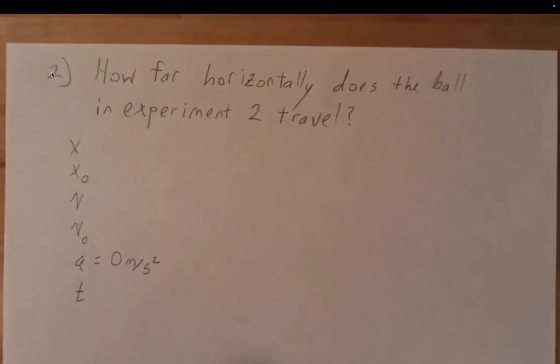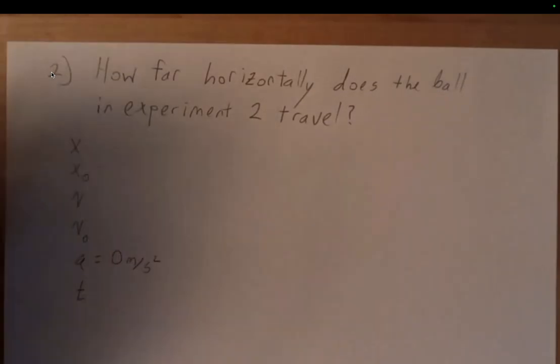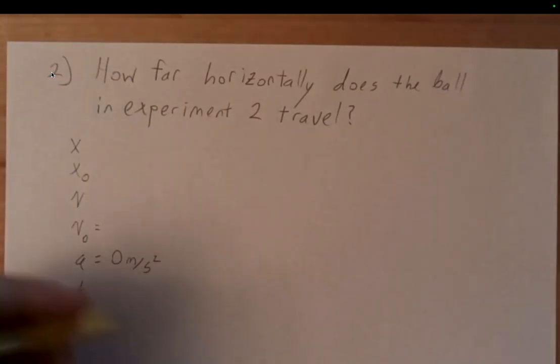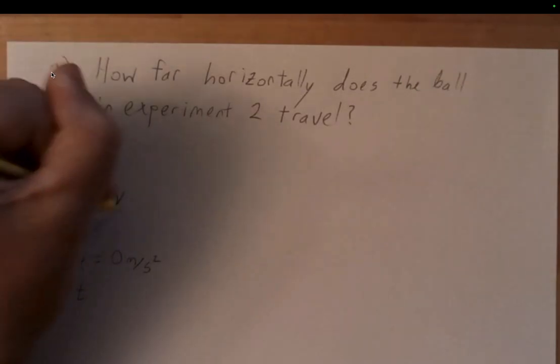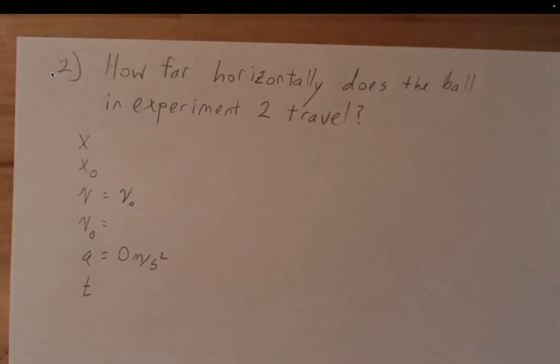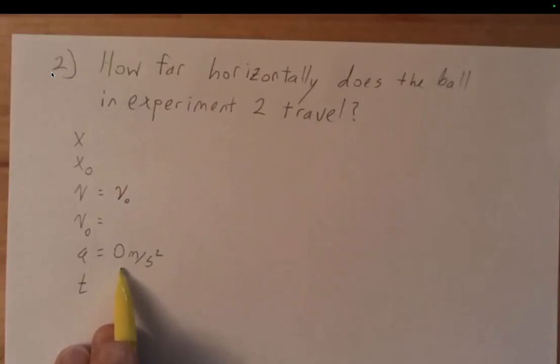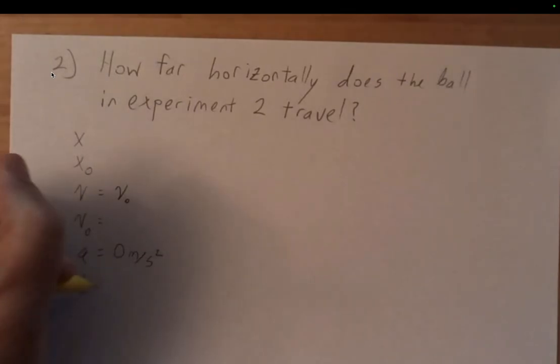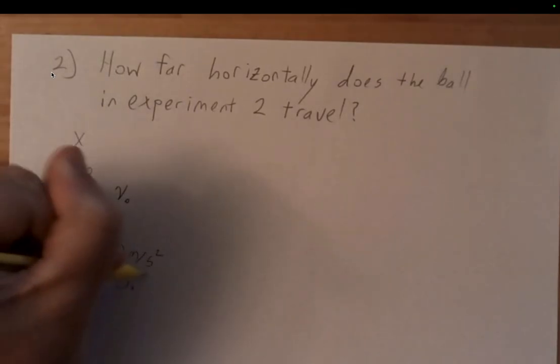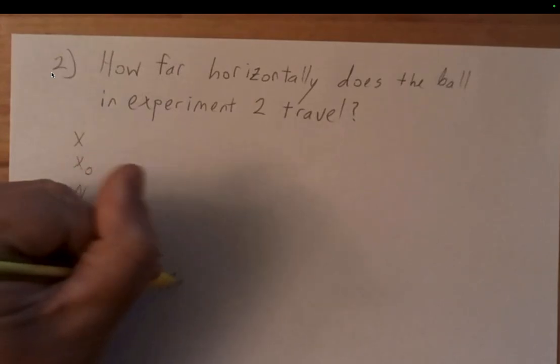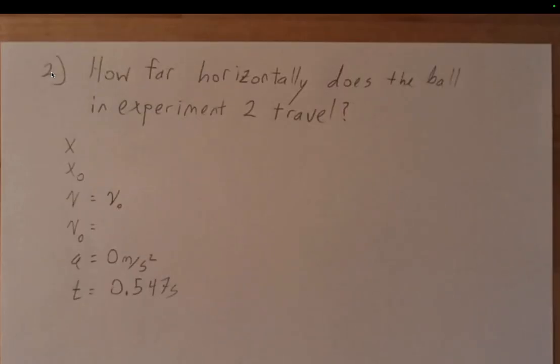We also see that our final velocity will equal our initial velocity, v naught, once again because our acceleration is 0. Our time, we know, is 0.547 seconds. We got this from the previous one. And we know the x and x naught by looking at some graphs.